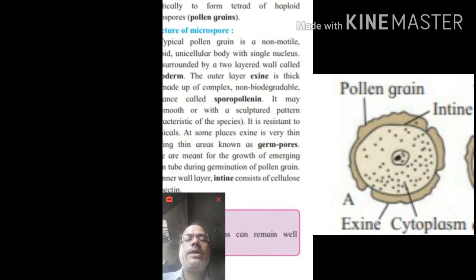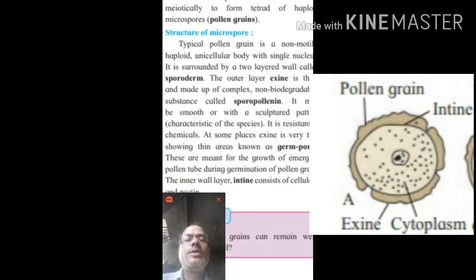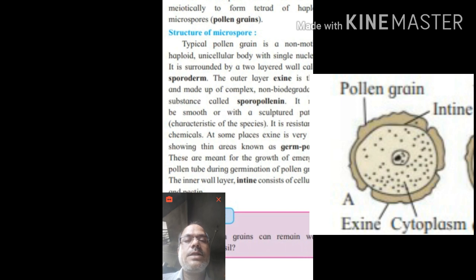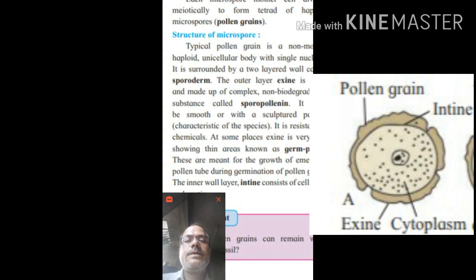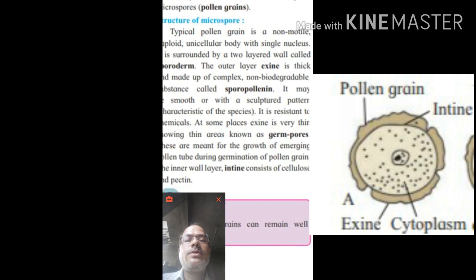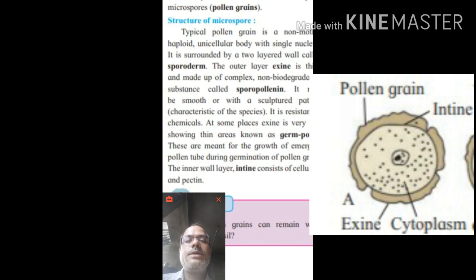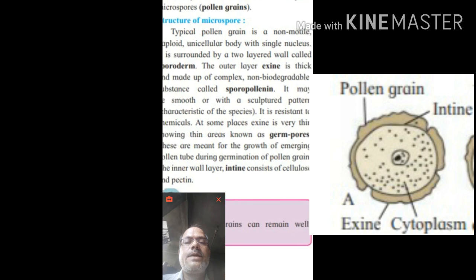This sporopollenin prevents the decomposition of the pollen grain, that is, it increases the viability of pollen grains. It may be smooth, spiny or have sculptured patterns.